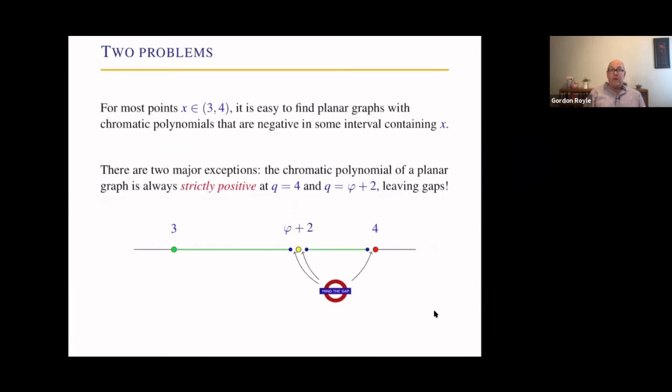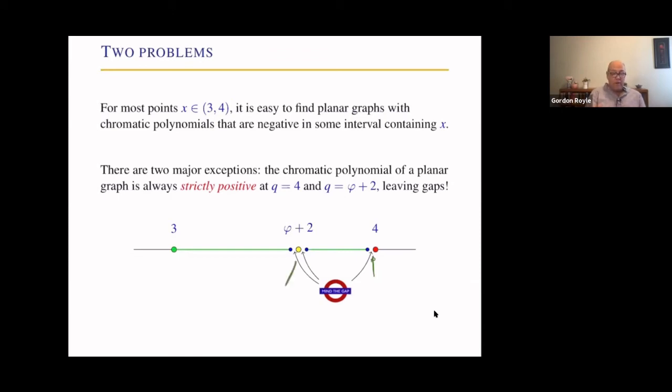Okay, 2 exceptions, 2 problems. There are 2 places where we just can't find a chromatic polynomial that is negative. Well, one of them we know about, that's 4. So in here, there's potentially a gap where we don't know any graphs with chromatic roots in that little gap.